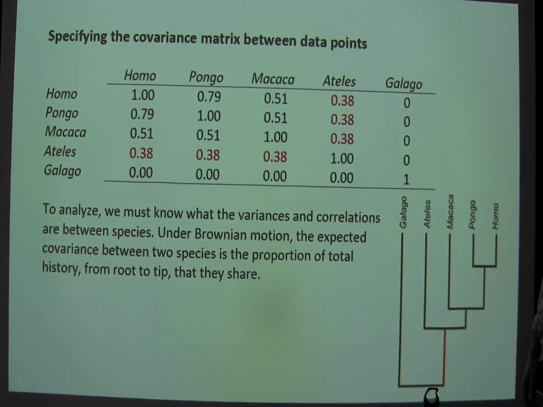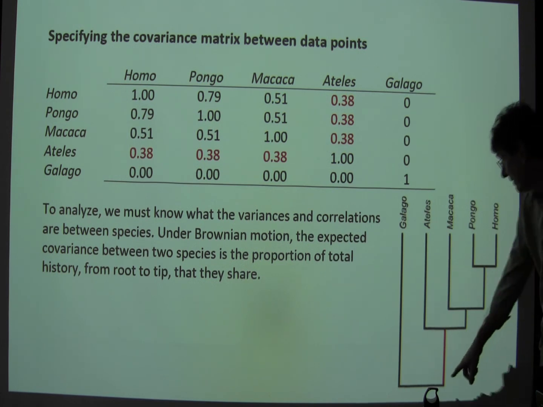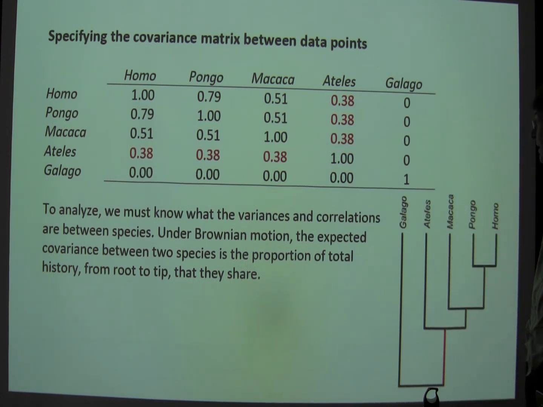So I thought I would just give you a little bit of intuition for what this phylogenetic covariance matrix looks like for a simple case of 5 species that are related to varying degrees by phylogeny. Under Brownian motion, the expected covariance between 2 species is the proportion of total history from root to tip that they share.